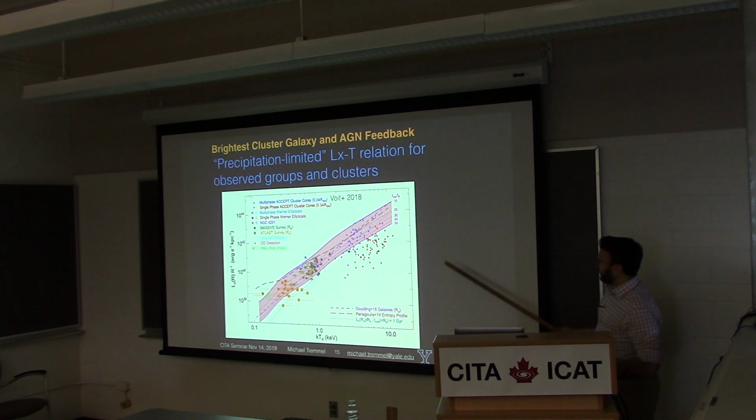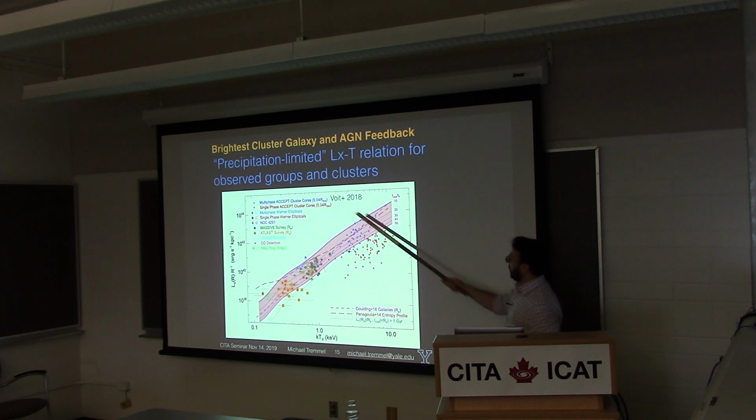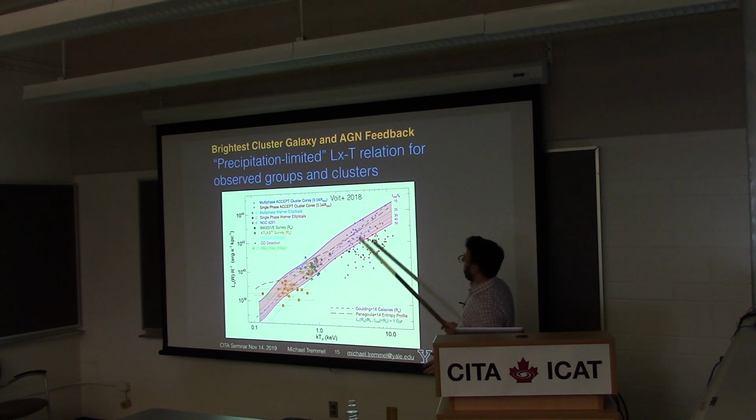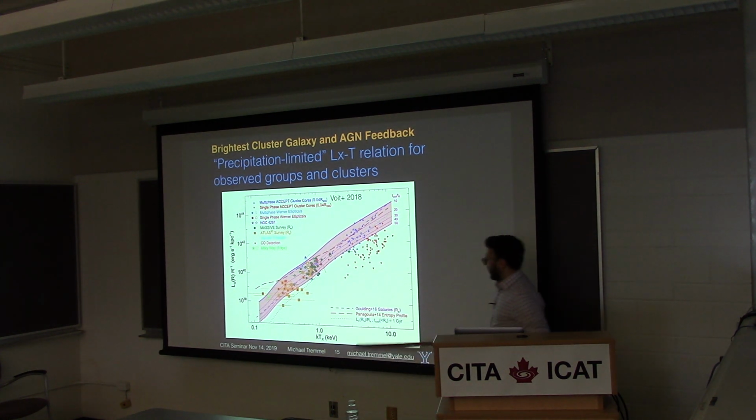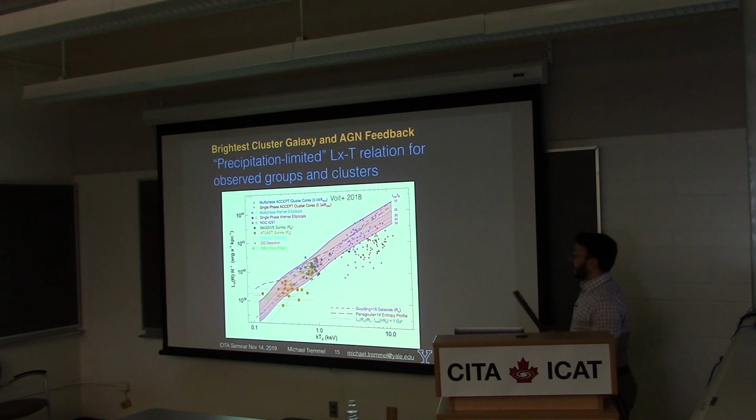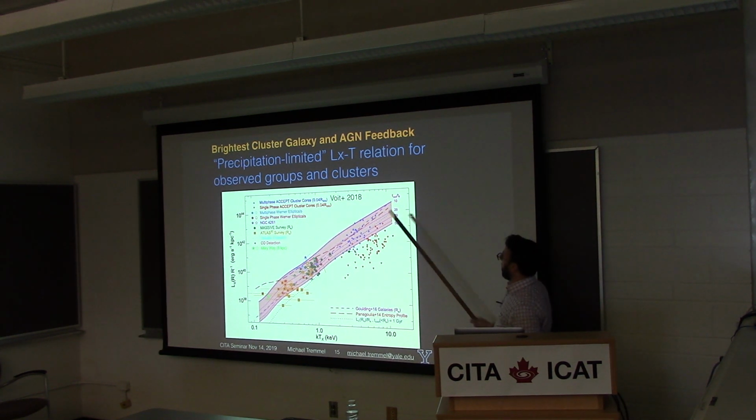And we see this in observations. This is work by Mark Voigt looking at the X-ray luminosity versus X-ray temperature in the centers of some cool core clusters.